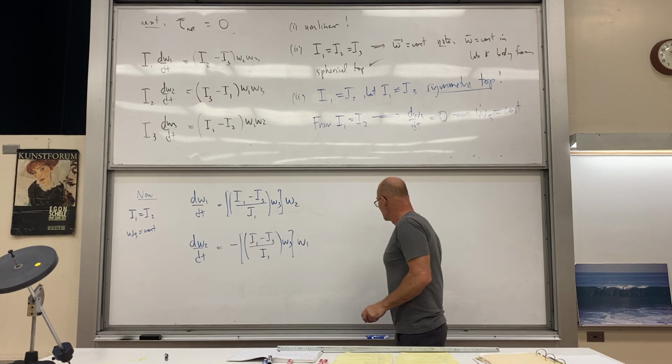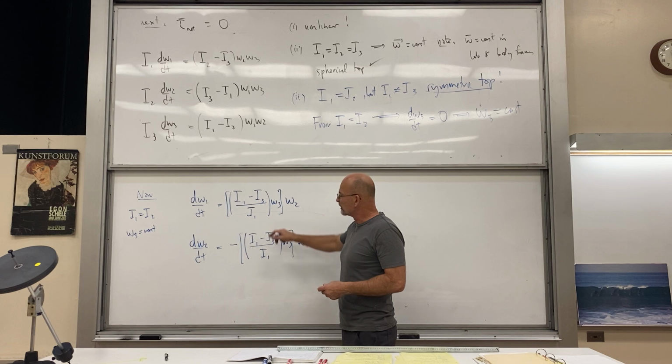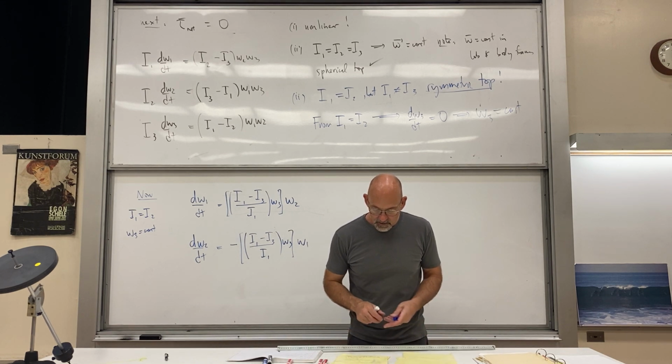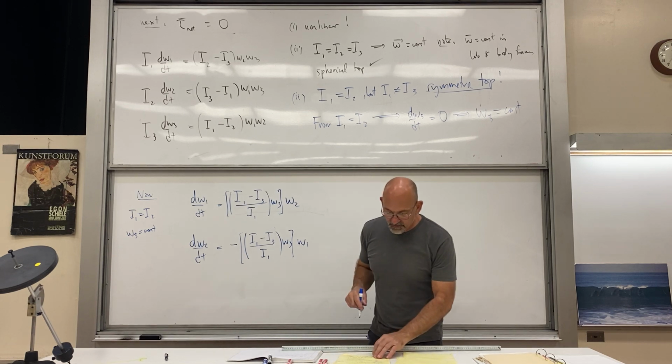Okay, just trigonometric functions. So we may give this a different name. Let's see what I have in my notes here. Yes, well, I named it omega. I don't know if that was such a good idea.